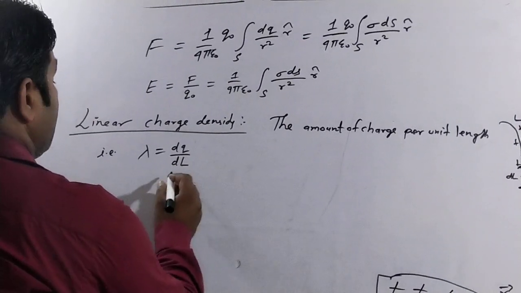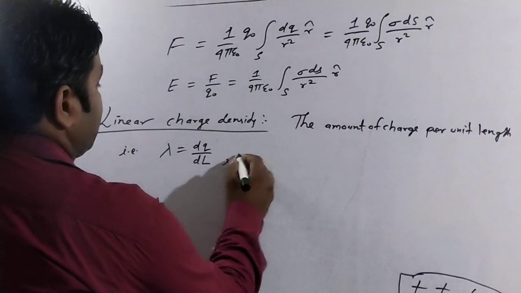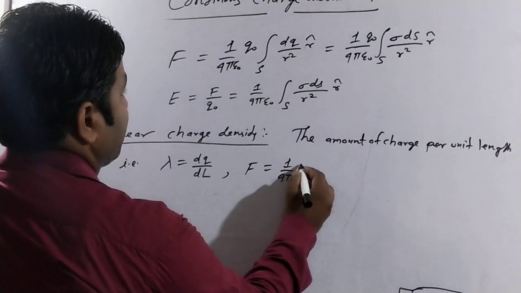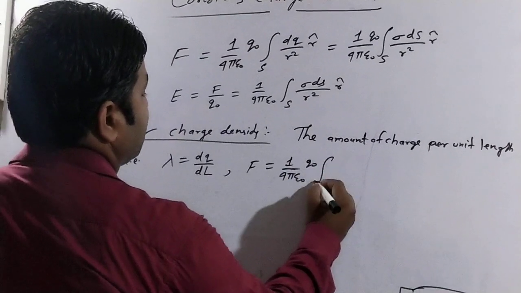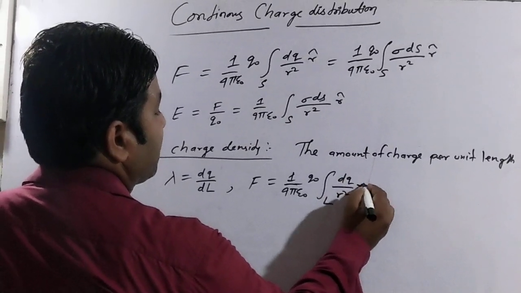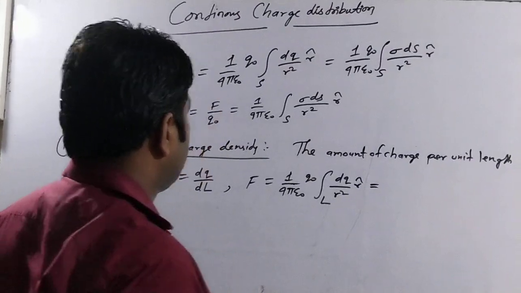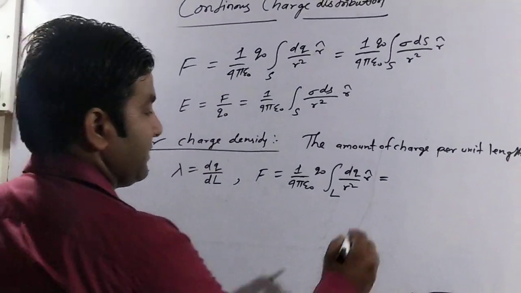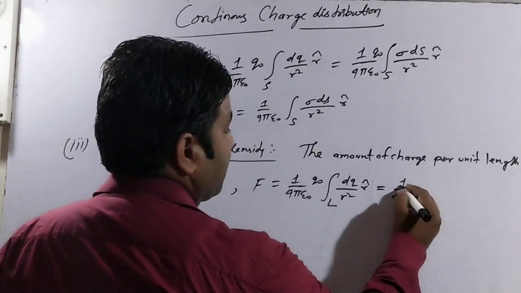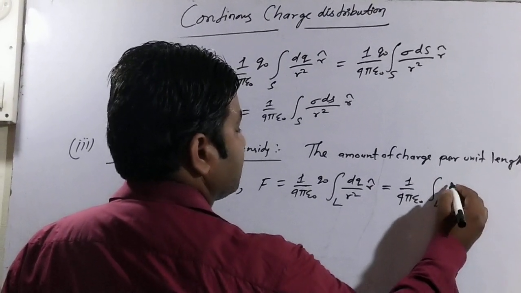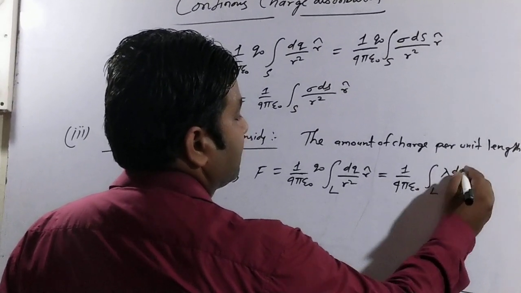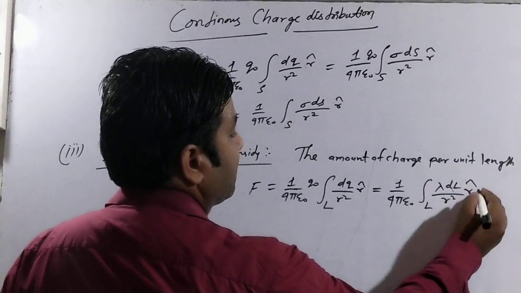Then the force F is equal to 1 upon 4 pi epsilon naught, q naught, integration over total length dq upon r square unit vector r. The value of dq we represent by lambda dl. So 1 upon 4 pi epsilon naught, integration over total length, lambda dl upon r square unit vector r.